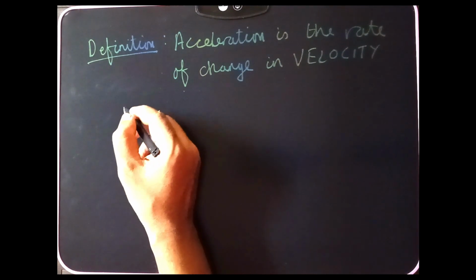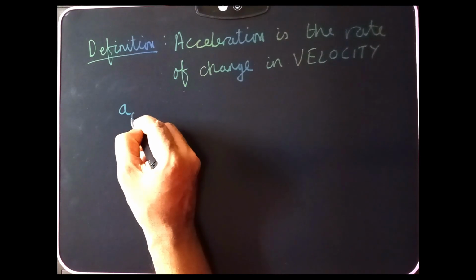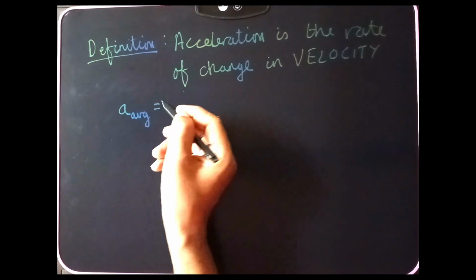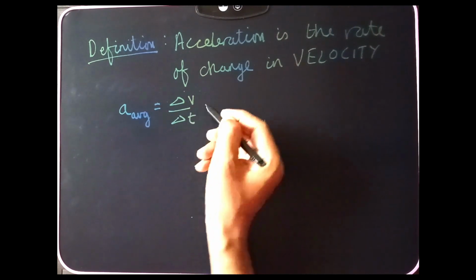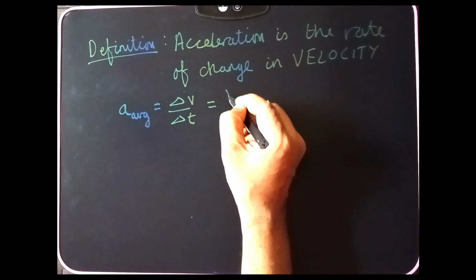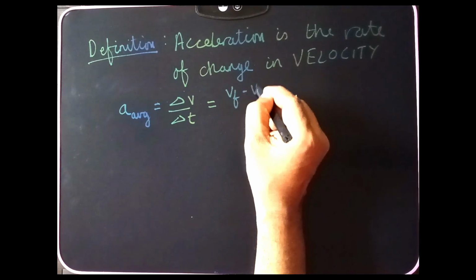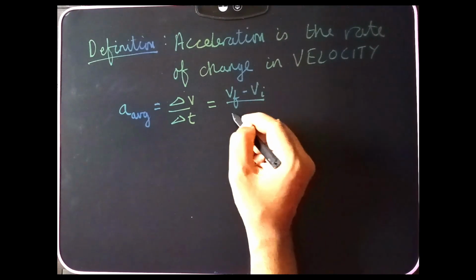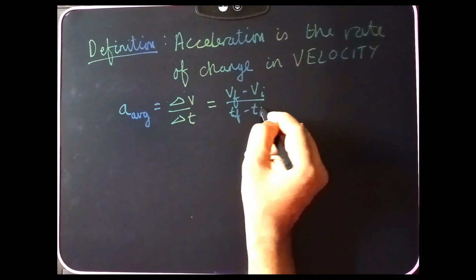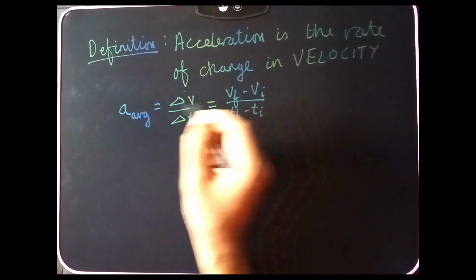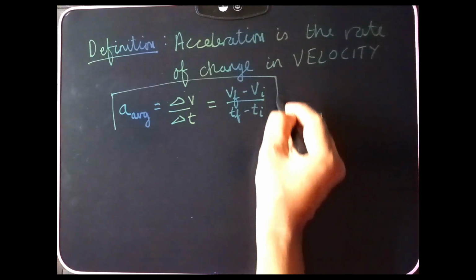So we can define average acceleration, A average, as the change in velocity by the change in time. So that is equal to the final velocity minus initial velocity divided by time final minus time initial. This will give you the average acceleration.